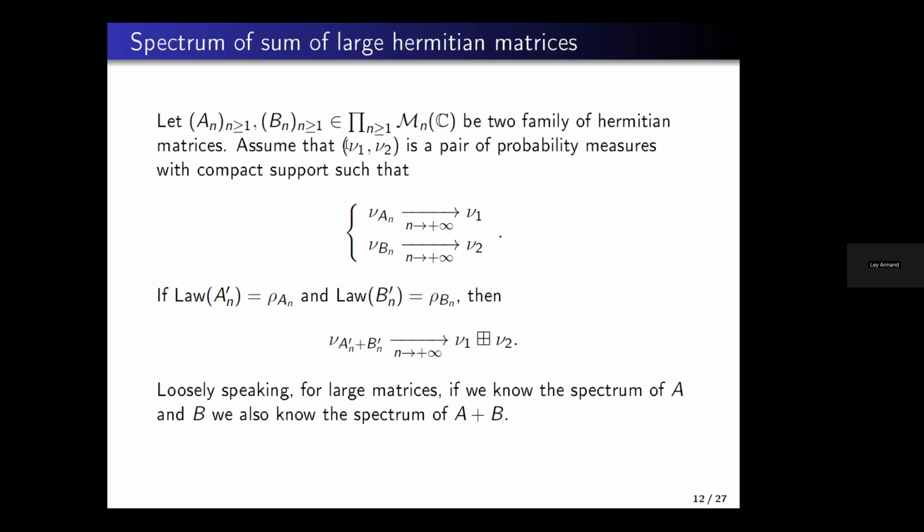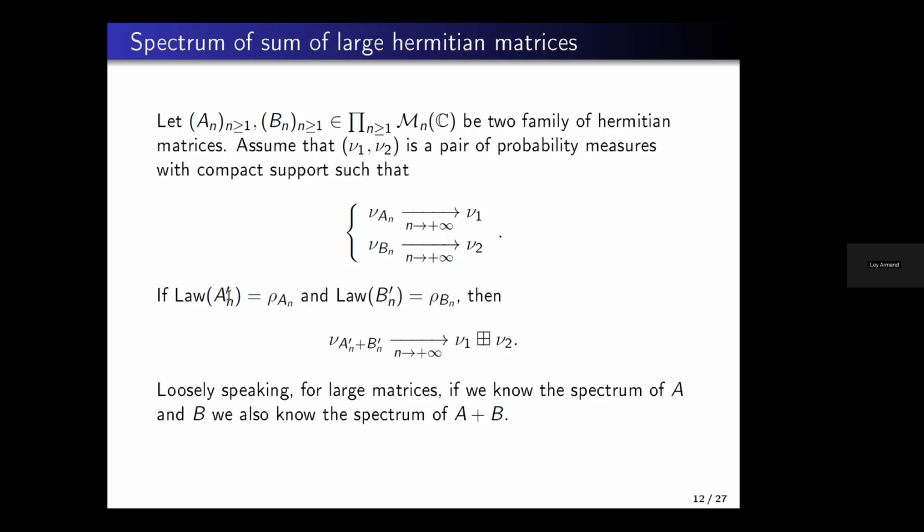And you consider a pair of probability measures, let's say with compact support, such that ν_{A_N} is converging to ν_1 and ν_{B_N} is converging to ν_2, where I defined ν_A for any matrix as before. So it's a kind of convergence of spectrum, if you want.